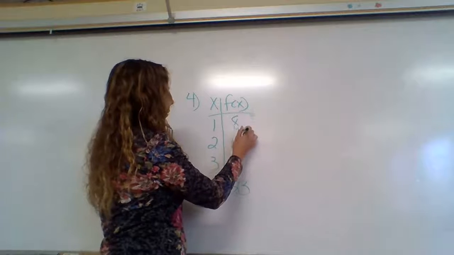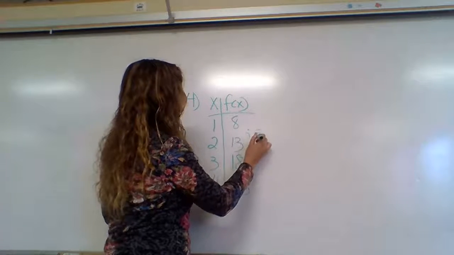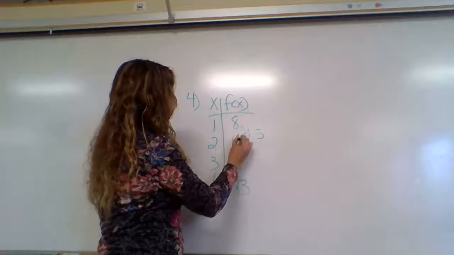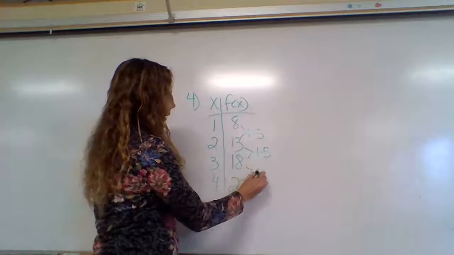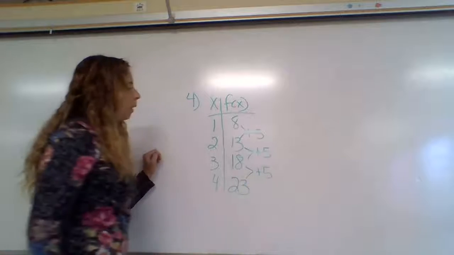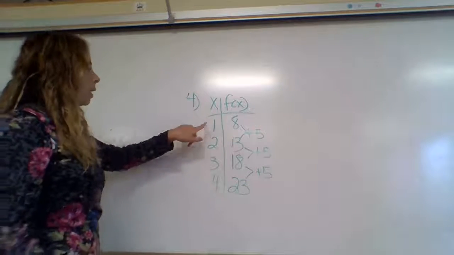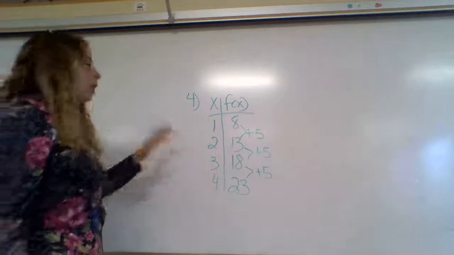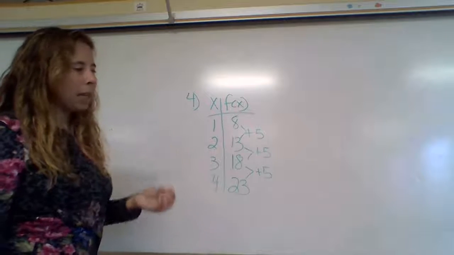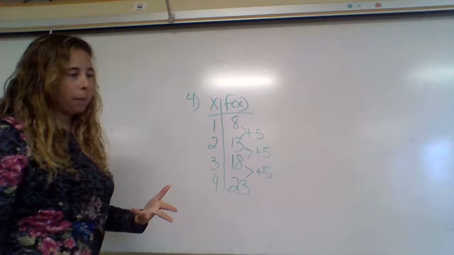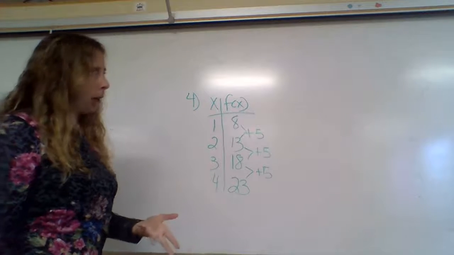Five. 8 plus 5 is 13. 13 plus 5 is 18, and 18 plus 5 is 23. So you are increasing, and your x's are just going up by 1. So if you're adding or subtracting the same thing each time, it's linear.